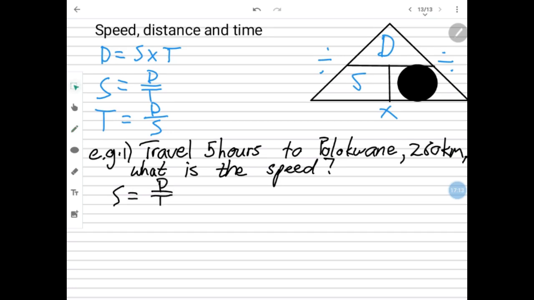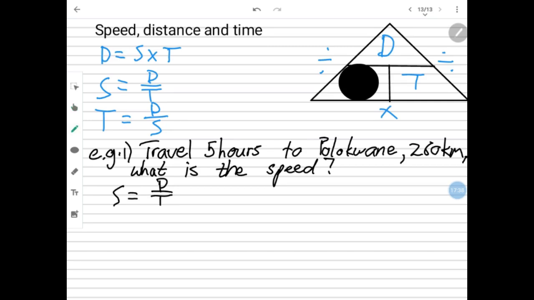Remember, every time that you have a question on this, you draw your triangle for yourself somewhere on that page. In that way, you'll never forget that distance is at the top. So we cover up speed, and see we have distance divided by time. That's how we get your formula every time.